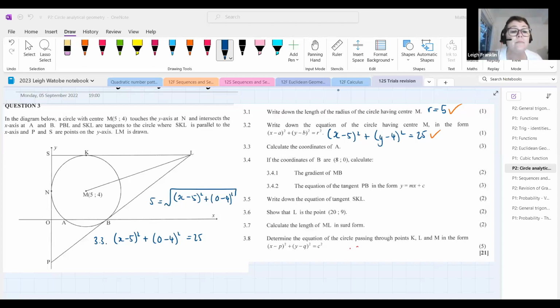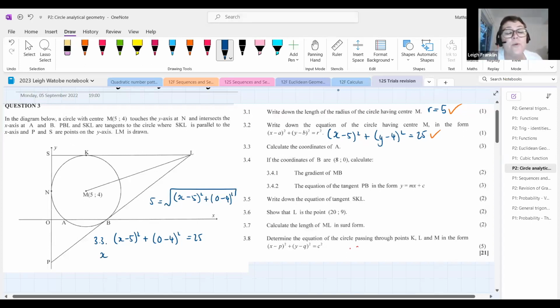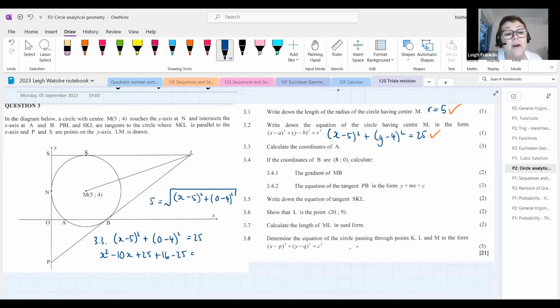Then of course you'd have to multiply everything out. Don't forget, when you square your binomial, you've got to have 3 terms. So it would be x squared minus 10x plus 25 plus 16 minus 25 equals 0. That gives us x squared minus 10x plus 16 equals 0.